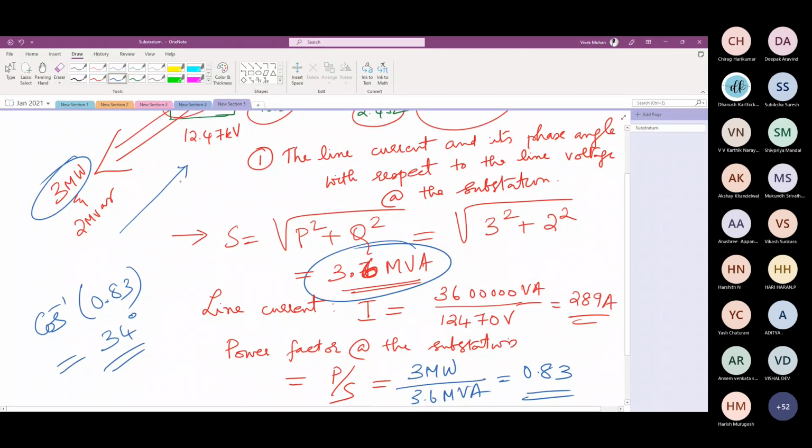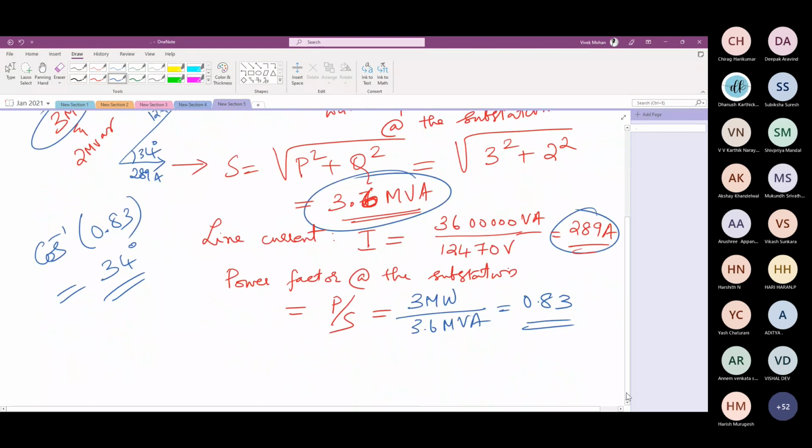This is my voltage, let it be the reference. So I'm getting my current like this, that is 289 amps, and my voltage is 12.47 kV, and this is 34 degrees.